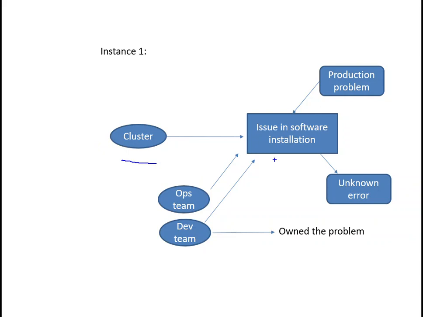It was throwing some unknown error and was a pure production problem, which was not happening in the development environment. The operations team spent a lot of time debugging the issue, thinking that it was something related to the setup and they needed to resolve it themselves. The problem didn't get resolved for quite a long time.